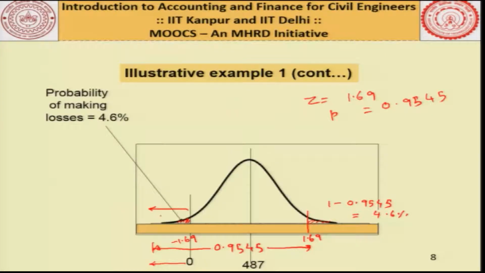So, this area is also 4.6%. So, what you find? The probability of making losses in this investment proposal is 4.6%. So, let us say it is very close to 5. So, that means 5 out of 100, if you invest in such proposals, you are likely to make losses.